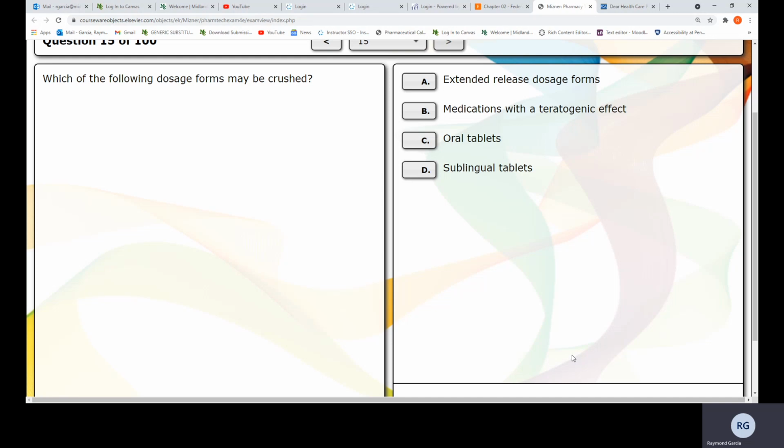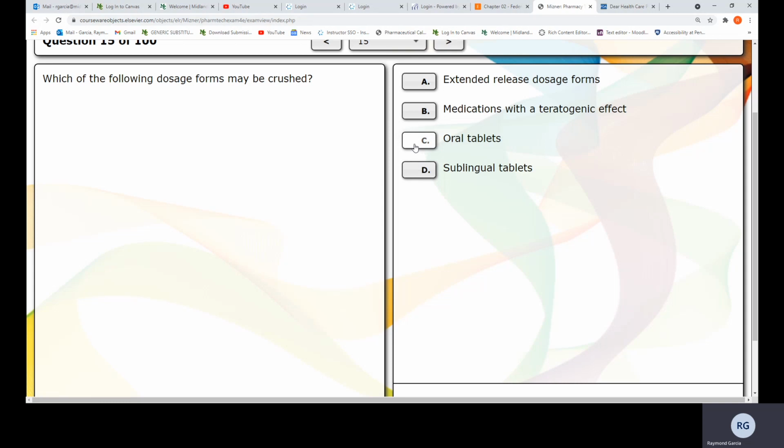I can tell you that with extended release, you've got XL, SR, anything like that, sustained release, those cannot be crushed, because those are long acting and digest in the intestines rather than the stomach. Teratogenic effect, you probably shouldn't crush. And sublingual tablets. Okay.